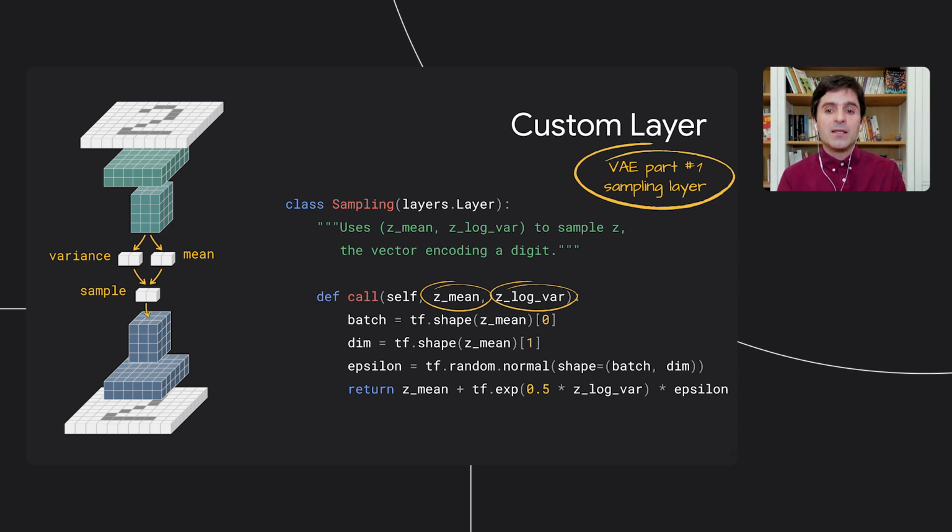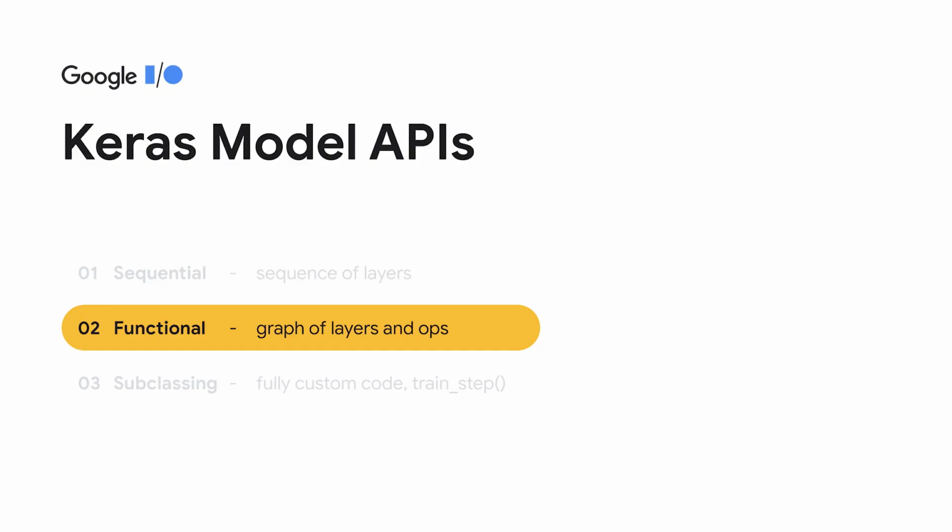We can now add this layer into our model. However, to implement the entire model, the sequential API is no longer sufficient. Our model branches out in the middle and then regroups. We need to step up to the Keras functional API. The functional API allows you to build models as directed acyclic graphs, or DAGs, of layers. That's exactly what we need here.